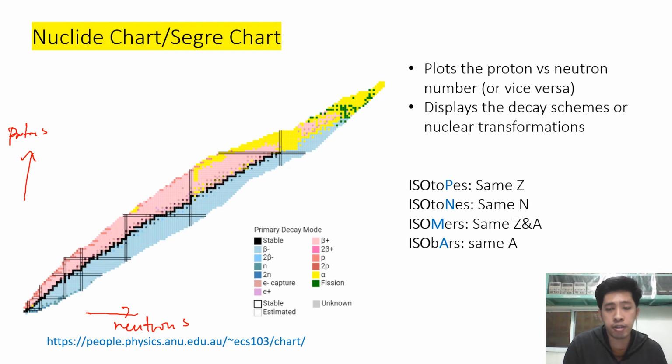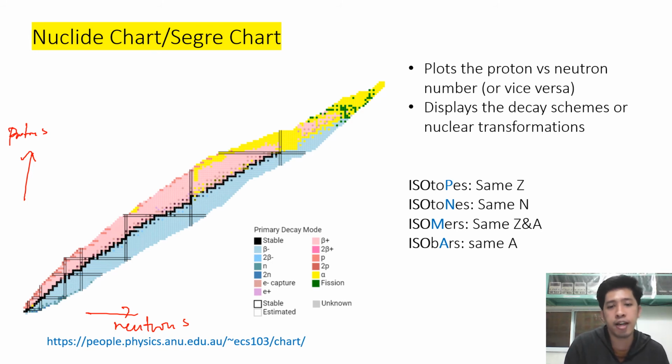The earlier chart was given vice versa, with the y-axis in neutrons and the x-axis in protons, so it can just be interchanged. And your second chart displays the decay schemes, or the nuclear transformations, such as your beta decay and your alpha decay.